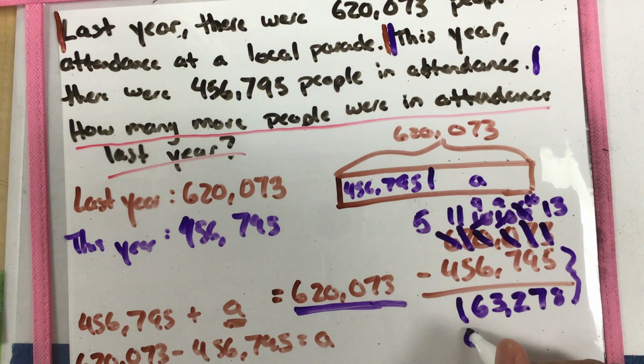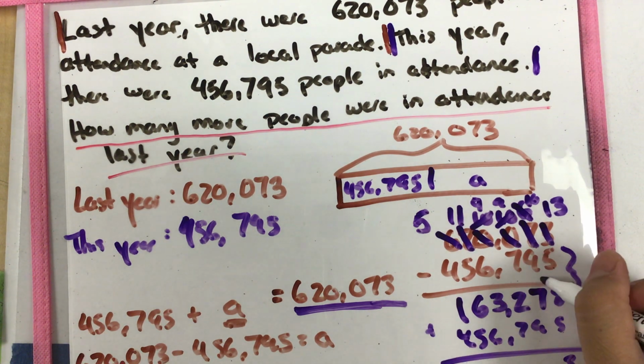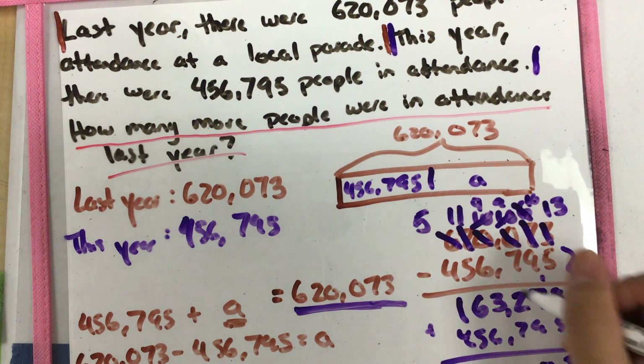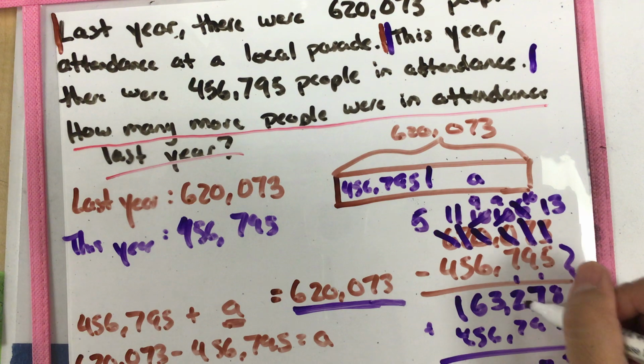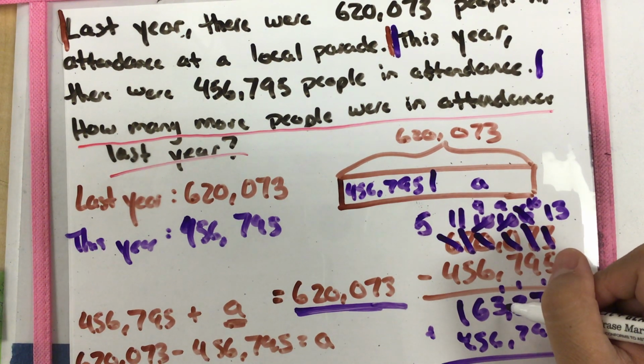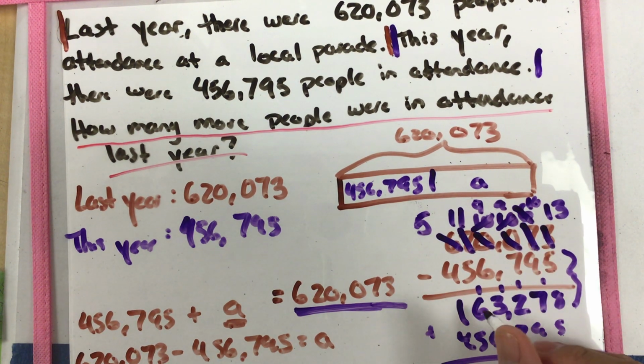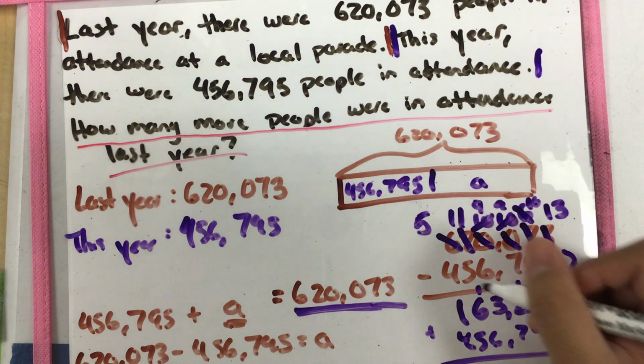So if we try to add 456,795, 8 plus 5 is 13. 1 plus 7 plus 9 is 17. 1 plus 2 plus 7 equals 10. 1 plus 3 plus 6 equals 10. 1 plus 6 is 7 plus 5 equals 12.